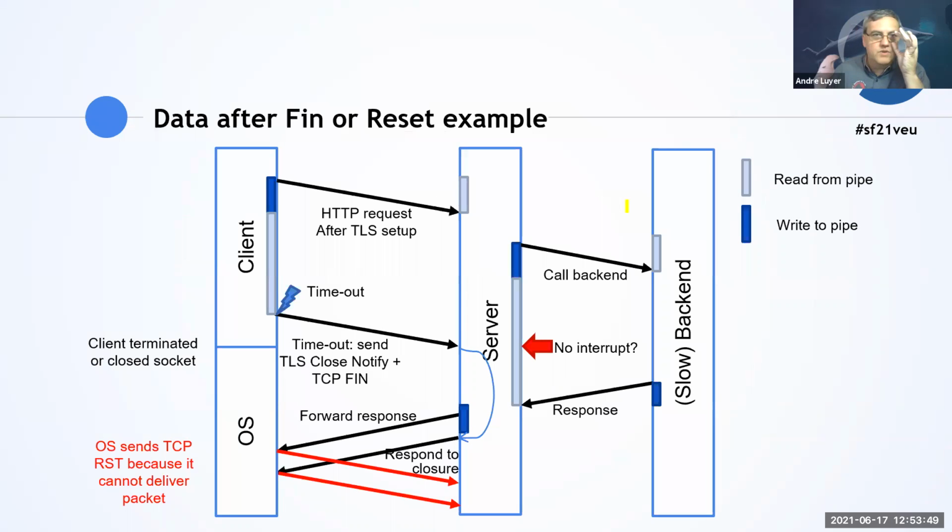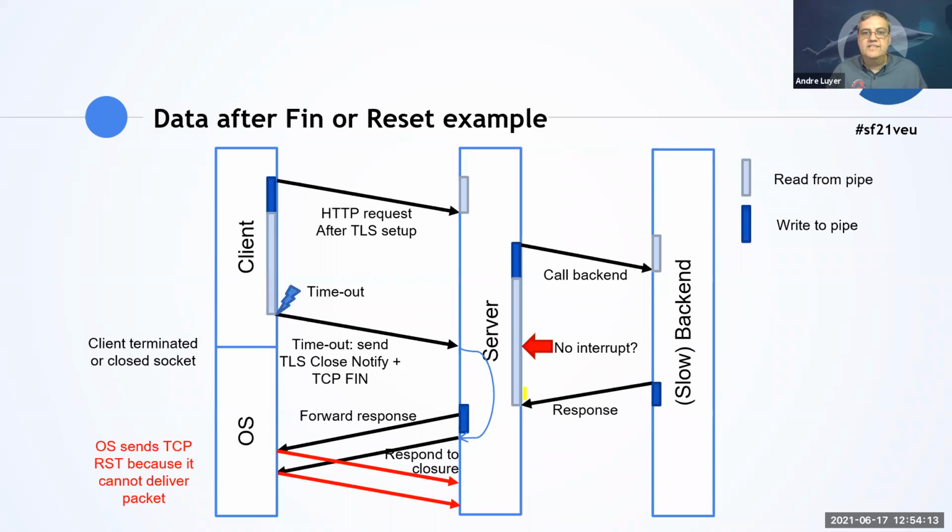And why is that? It can be because of a so-called slow backend. What you can see here is that in the front end, you have a client that sends an HTTP request after doing the TLS setup. That server or microservice or whatever sets up a backend call to gather extra information.